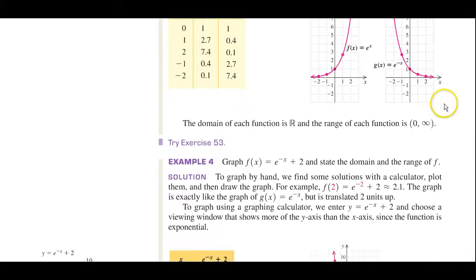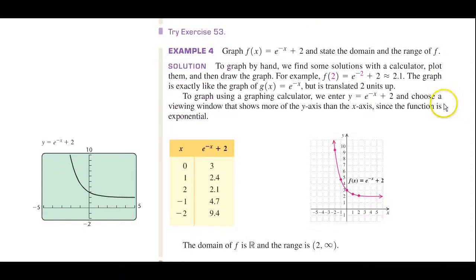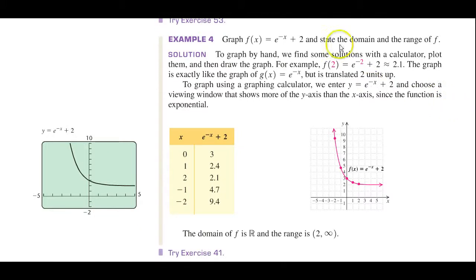Let's go on. Now here they want us to graph this. And again, if we had a graphing calculator, it would work out very well. It looks like that on a graphing calculator. If you did some points, it would look like this. Again, all I would ask you to do is to sketch some of this.